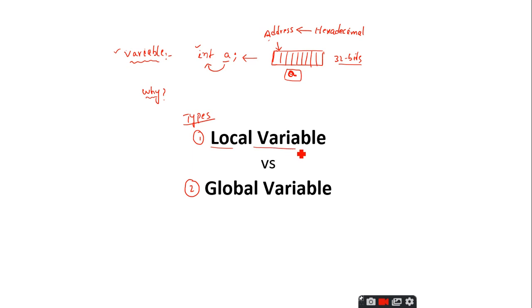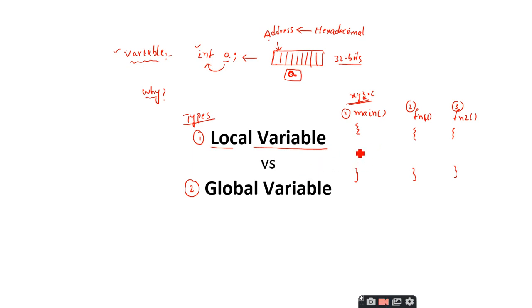Local variables are those variables that are declared inside one function. For example, let me take a simple example, a vague example. Let me take a simple C program, some xyz.c, and that xyz.c consists of three functions: the main function, function 1 and function 2.